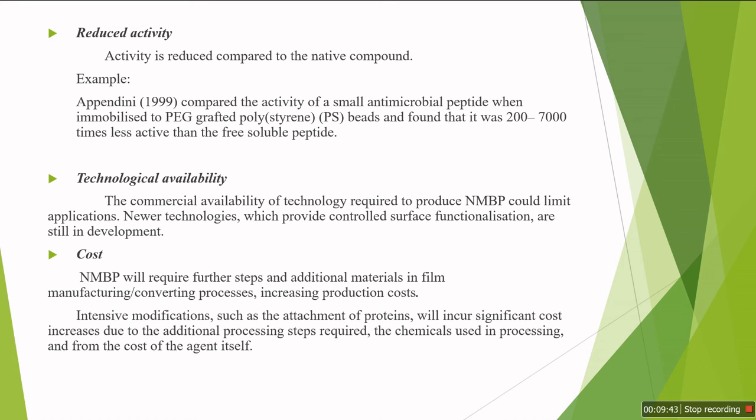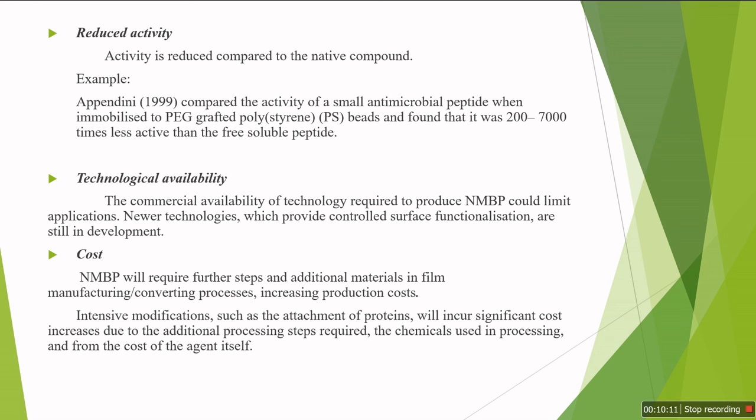And when it comes to the technological availability, the commercial availability of technology required to produce an NMBP could limit applications. Newer technologies which provide controlled surface functionalization are still in development. And when it comes to cost, NMBP will require further steps and additional materials in film manufacturing or converting processes, thereby increasing the production cost.